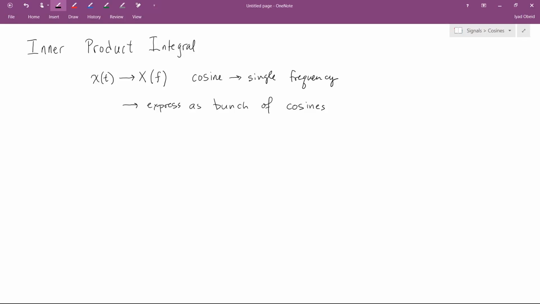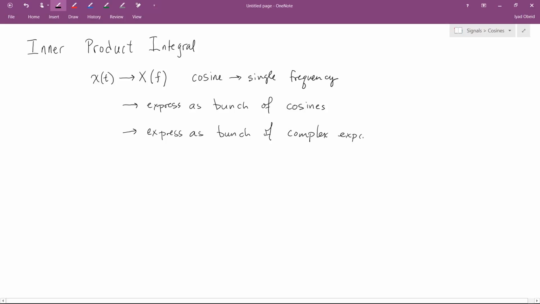Now, as we learned earlier, an equivalent representation to a cosine is a complex exponential. So one more equivalency would be to take x of t and express it as a bunch of complex exponentials.